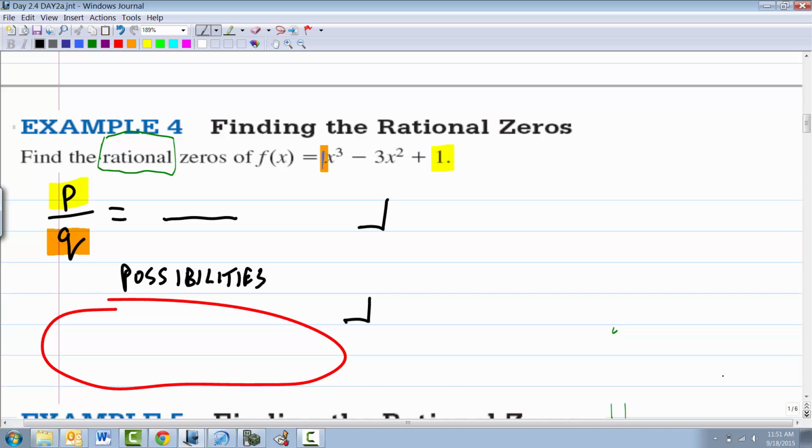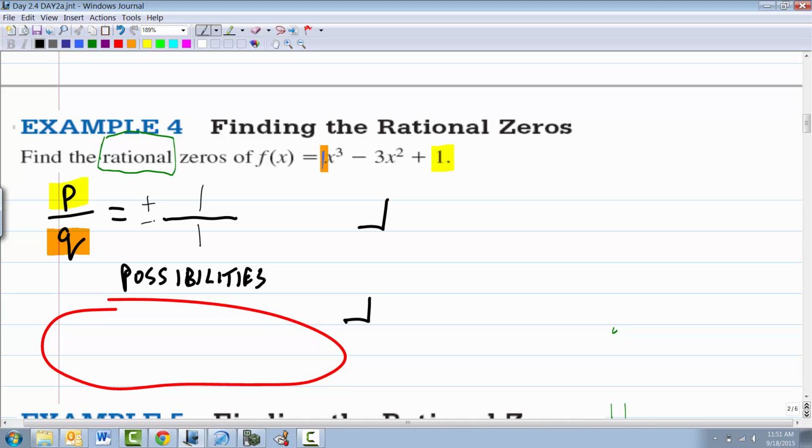What are the factors of the constant? 1. What are the factors of the leading coefficient? 1. This is ridiculous. So what is the only possible zeros that are rational? Did you notice I put a plural on there? What are you supposed to put in front of this?